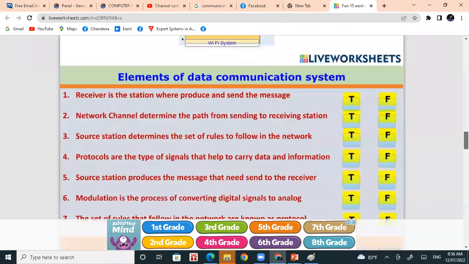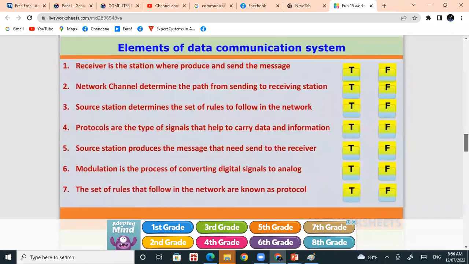Asking to mark true or false. I am giving you 2 minutes to complete it. There are 7 statements here. I think 2 minutes is enough to complete that one. Try to do that.